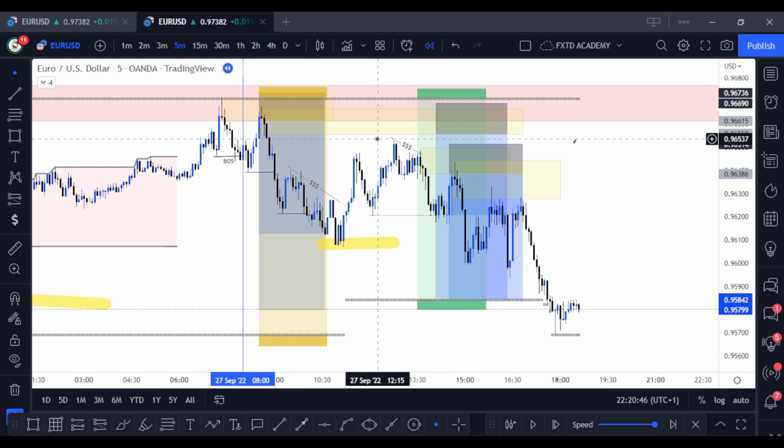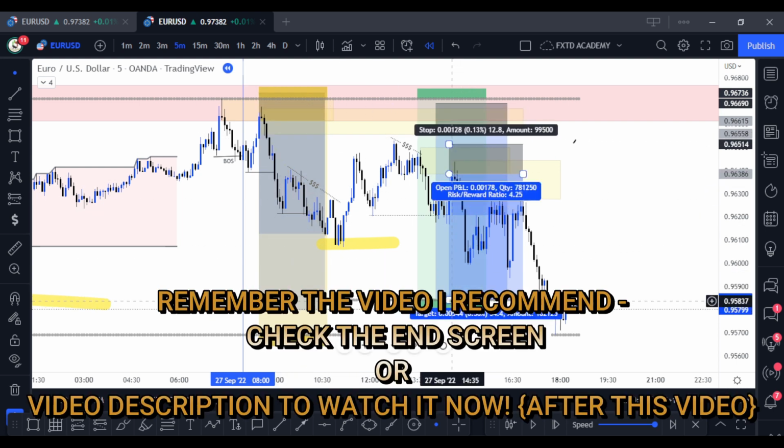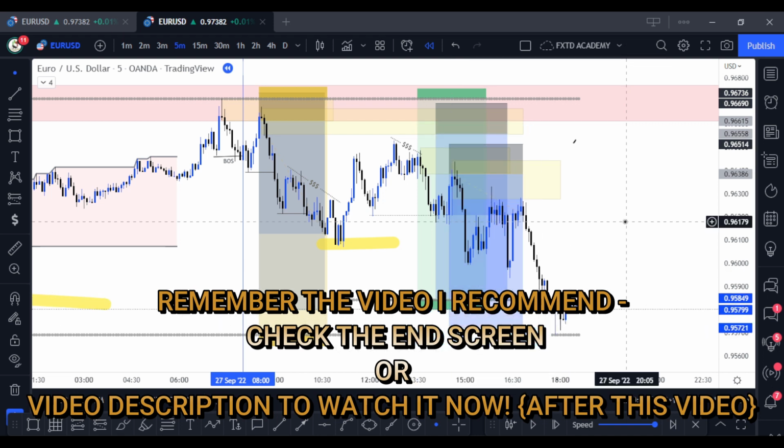So this gave around 1 to 6 and 1 to 4. If I project this to the downside, that's about 1 to 5 risk to reward. This is what the ICT kill zones can do for you, and understanding the liquidity concept can actually skyrocket your trading. So make sure you sit tight as you practice this yourself.